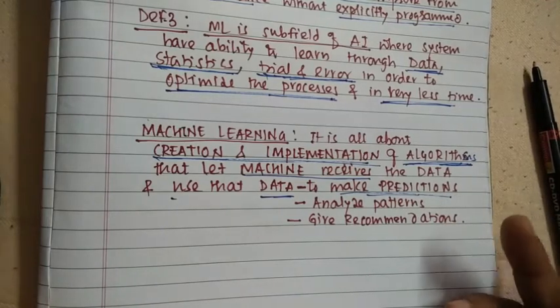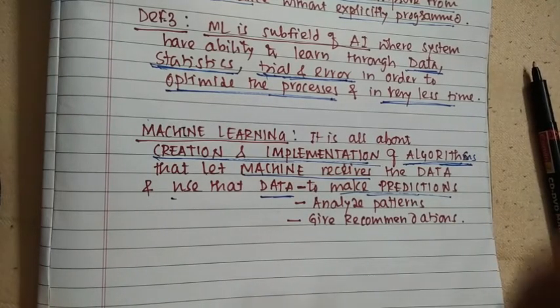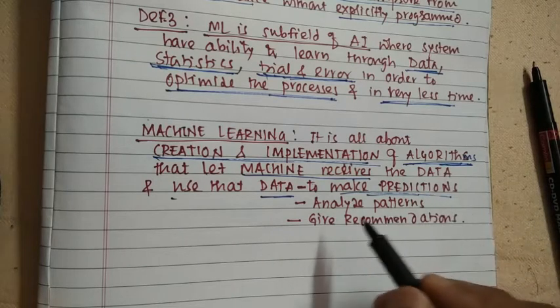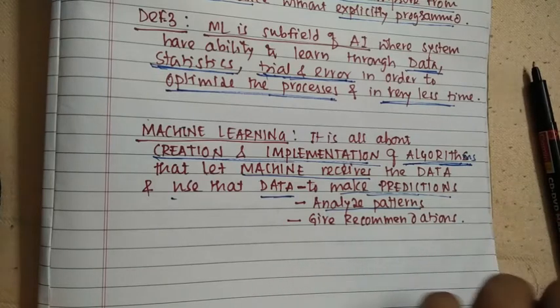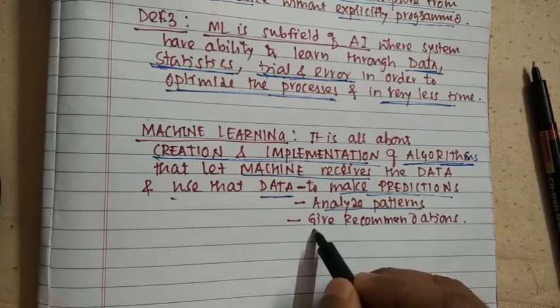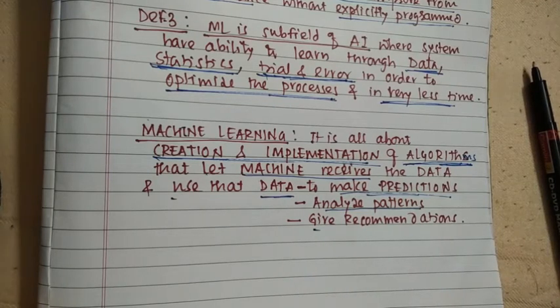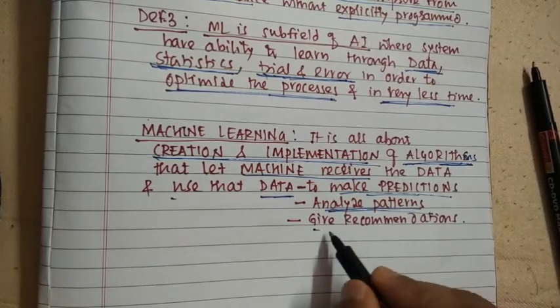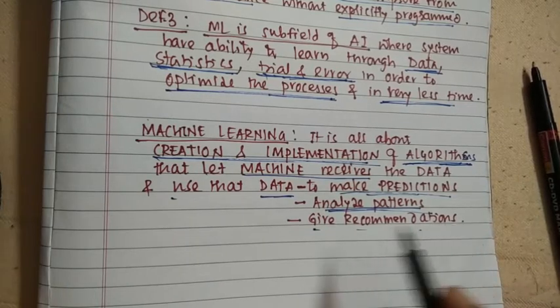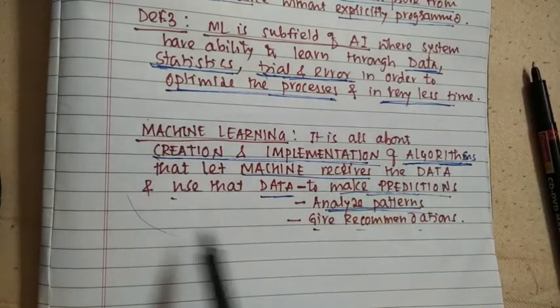We can classify or forecast some target variables, analyze patterns, such as grouping or clustering, or give recommendations, the recommendation systems that are used in YouTube, Spotify and Amazon. So machine learning is all about data and algorithms.